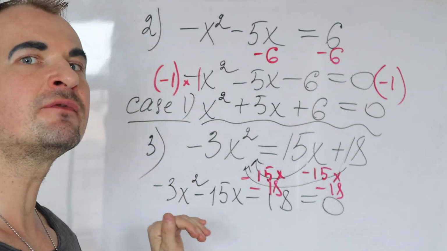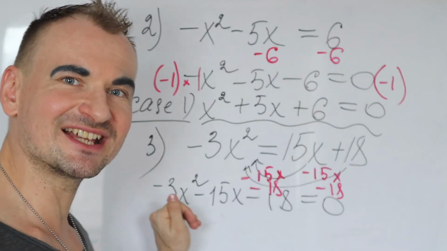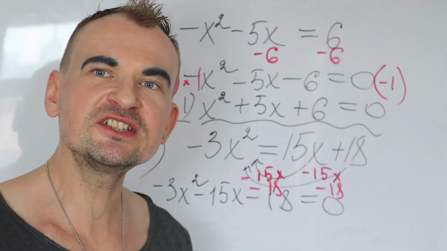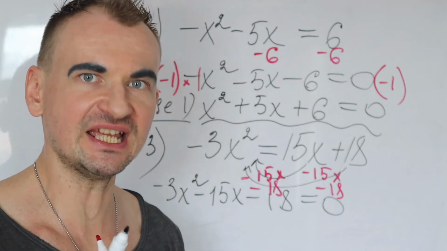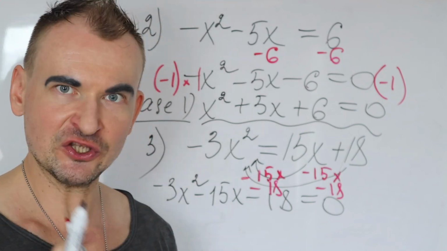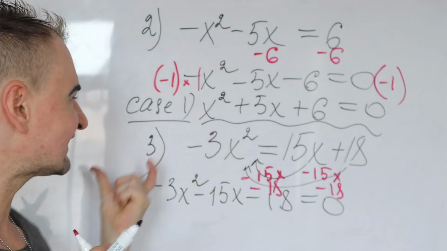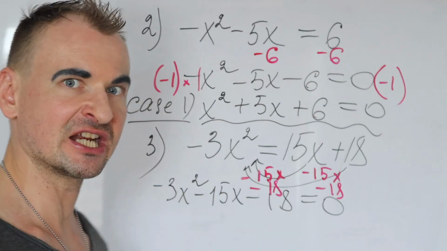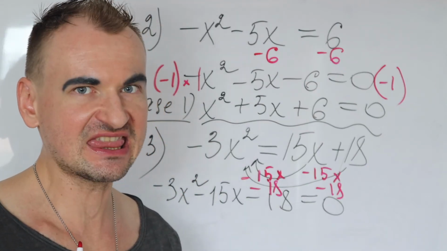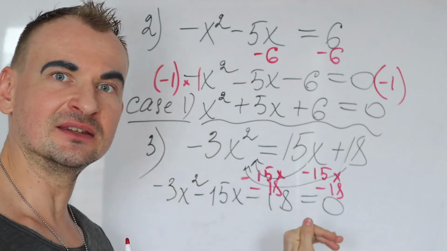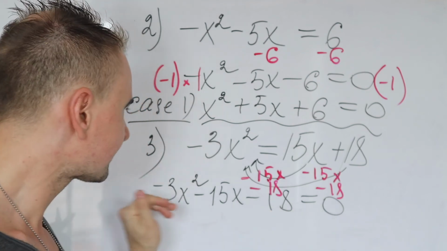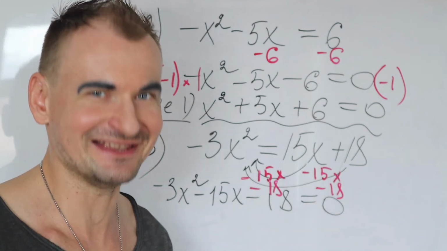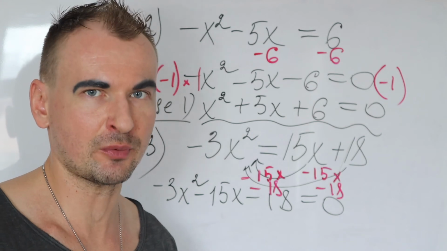Now, because we want to get rid of this negative, I would consider not 3 but negative 3. And you could either factor out this negative 3 in front of your quadratic, or the same thing, you could divide both sides of your equation by negative 3.